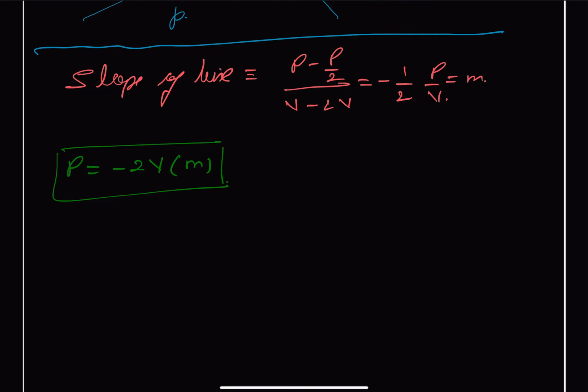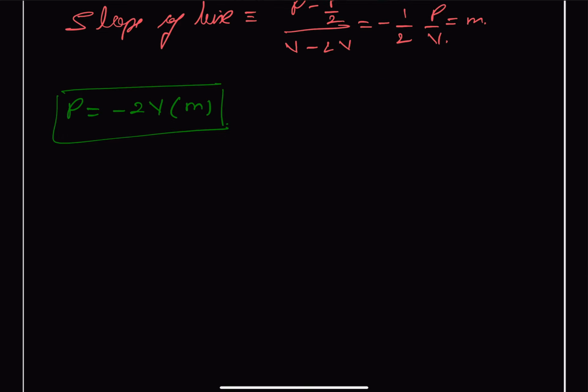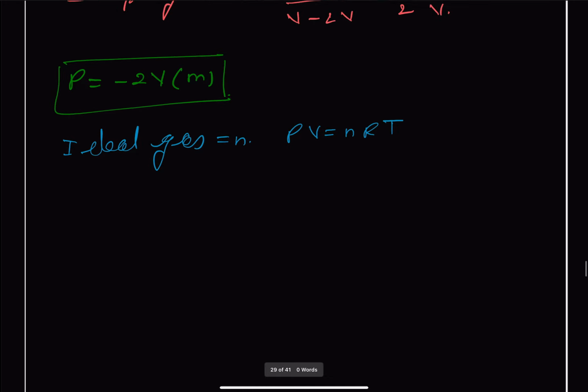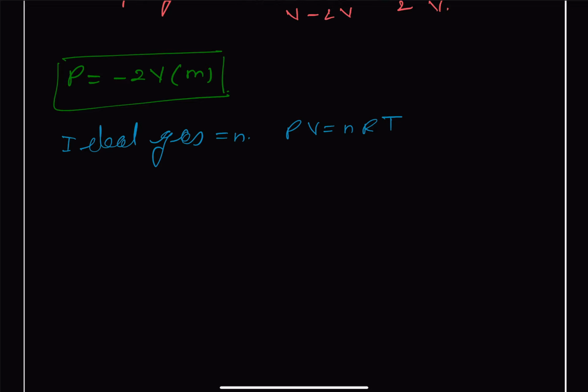Okay, now let us use our ideal gas equation, which gives us that PV is equal to nRT. So we substitute the value of P, we get minus 2V multiplied by slope, and V is equal to nRT, and we open the bracket.